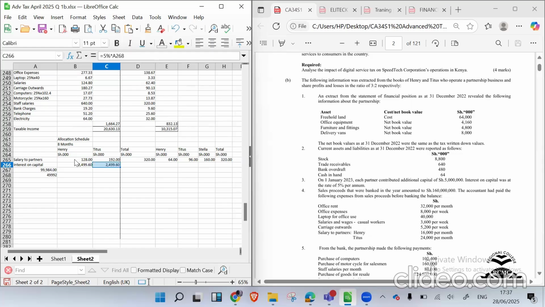That is for the 8 months. No, this is times 8 over 12, sorry. Times 8 over 12, in 5% per annum. Yes. This one is also times 8 over 12.